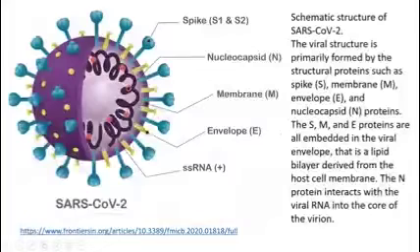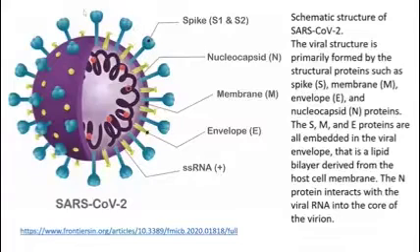So this is the virus. This is the schematic structure of the SARS-CoV-2 virus. The viral structure is primarily formed by structural proteins such as spike S. So you have S1 and S2, the spikes.